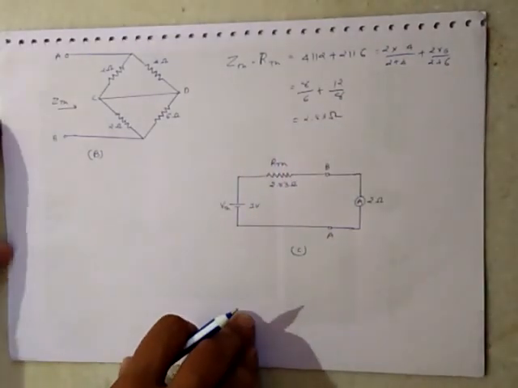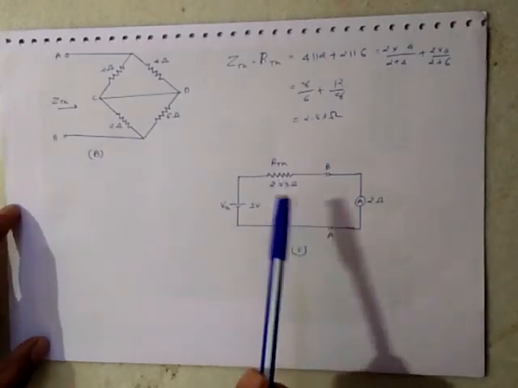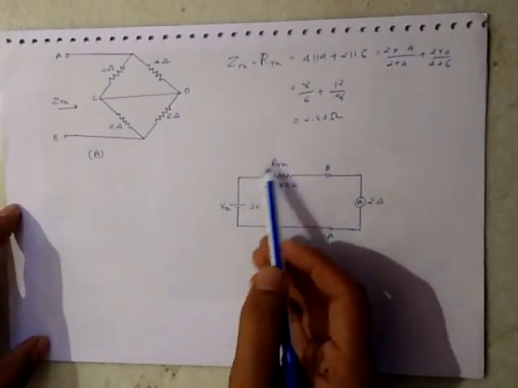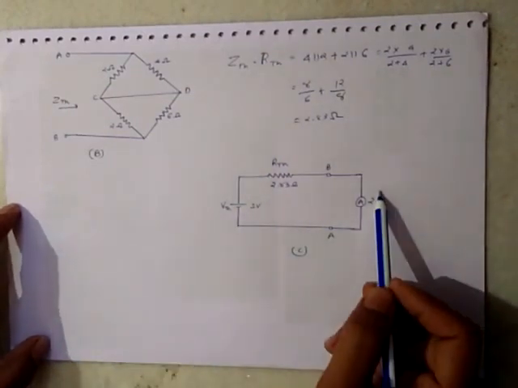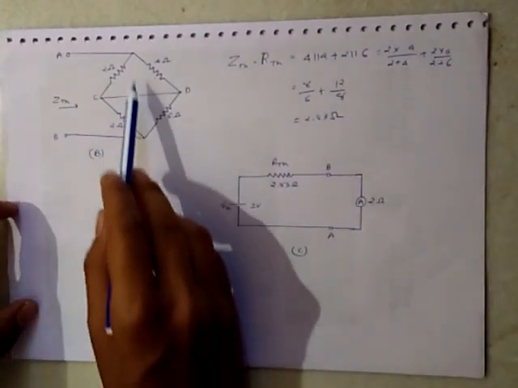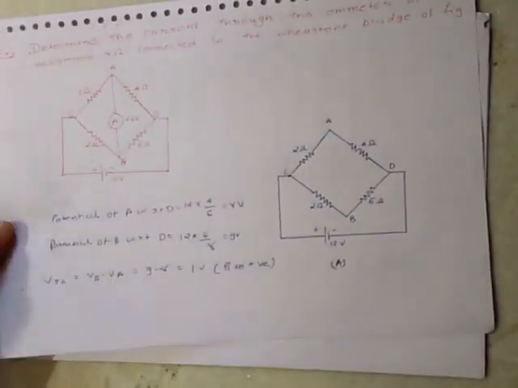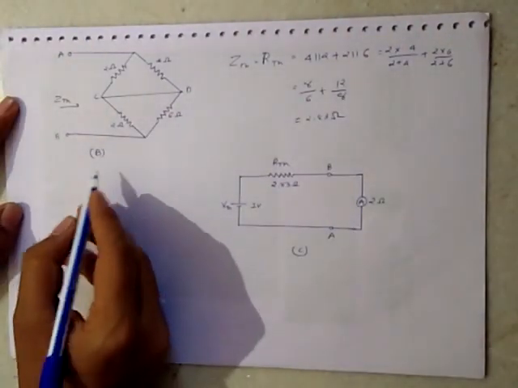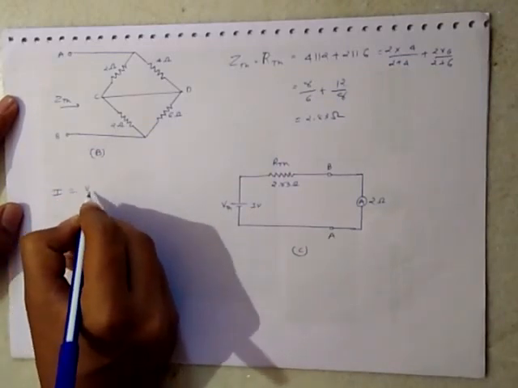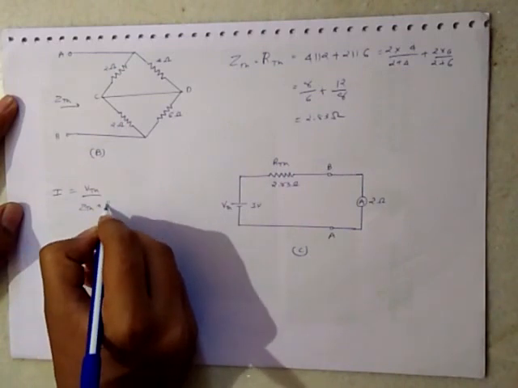Unit is ohm. Now we have drawn here the Thevenin equivalent circuit. Here RTH is given, VTH we have determined earlier, and the 2 ohm resistance was connected here in the given network, which is shown here. Now the current flowing through that branch can be simply calculated by the equation VTH upon ZTH plus RL.